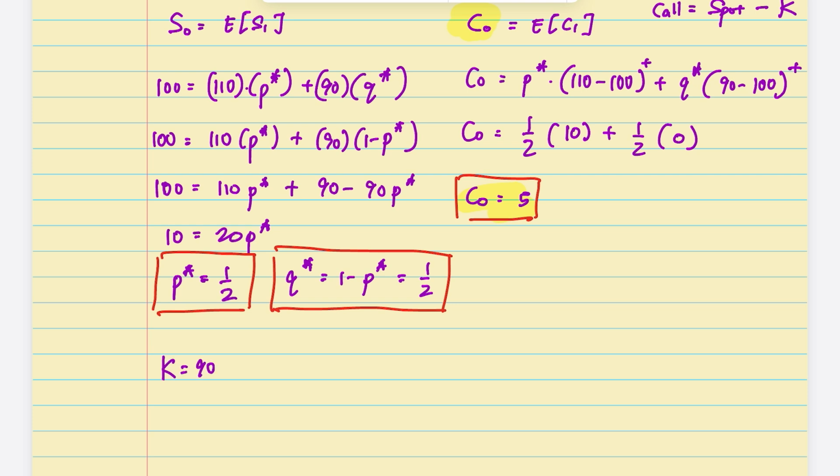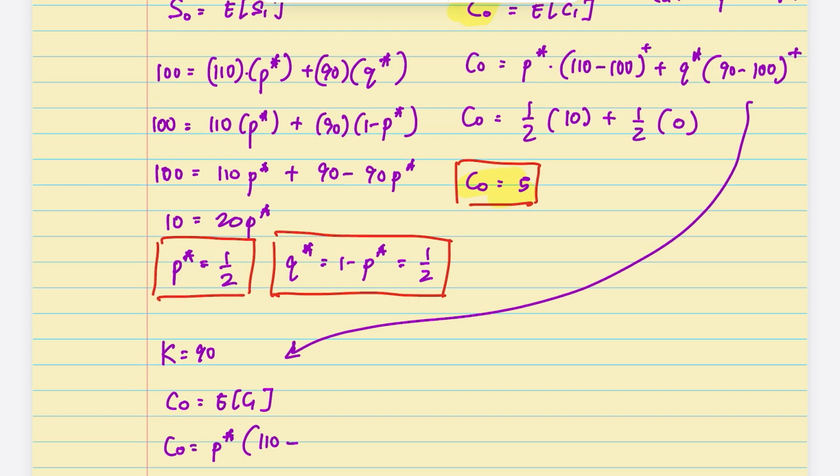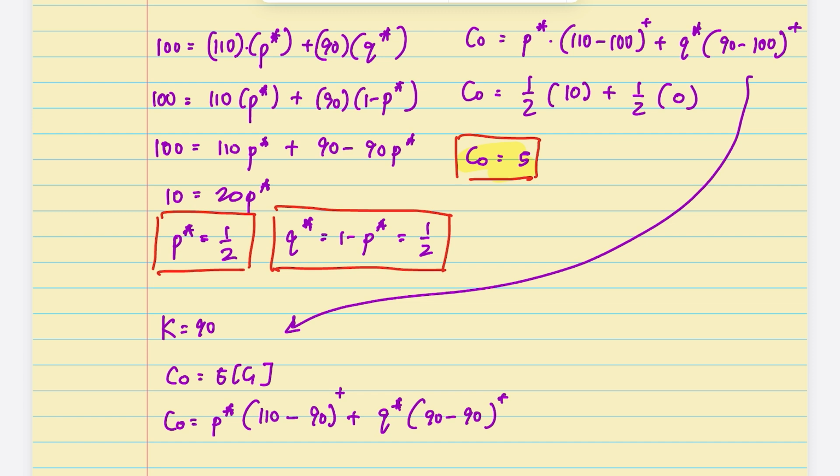When K equals 90, we just follow back this equation. P star times 110 minus K, so it is spot minus K, where K is 90, plus Q star times 90 minus 90. Don't forget the plus, which indicates that it will never be negative. Then just take half times 20 plus half times 0. So the answer is 10.